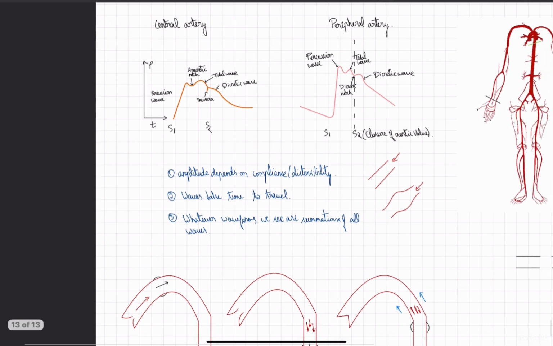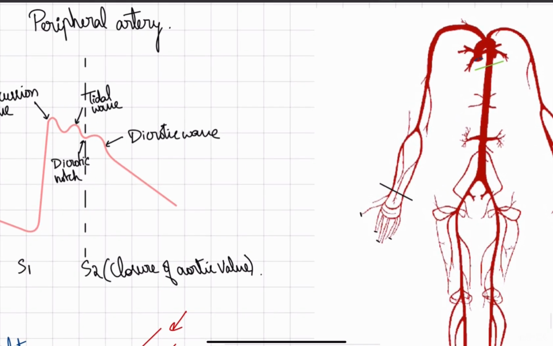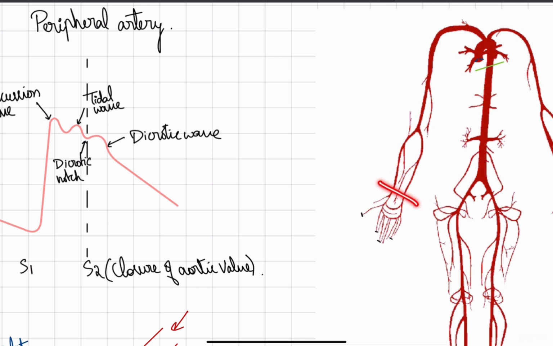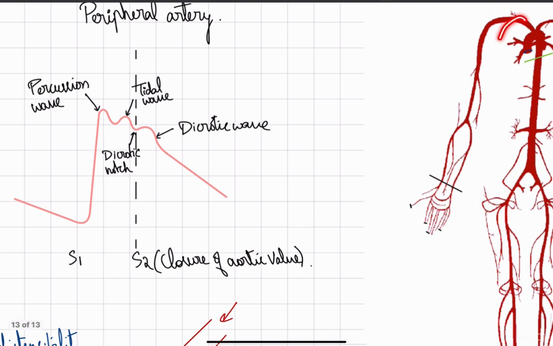Now let's come to a peripheral artery. Now in a peripheral artery, whatever we are recording is going to be here, right? This is a radial artery. So the percussion wave comes, you see a bulge, then the percussion wave comes from this side, the needle experiences a bulge, and it will mark the percussion wave.